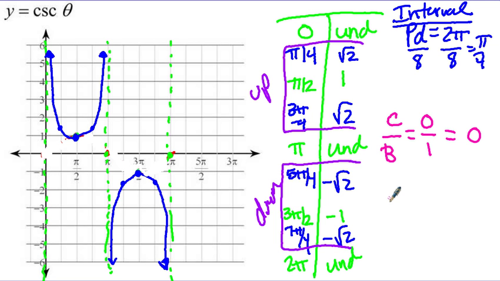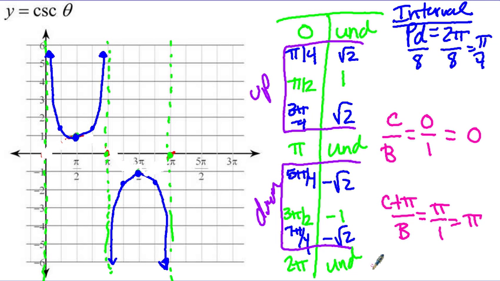And then our next one is c plus pi divided by b. C is 0 plus pi is going to be pi over 1, so we have another asymptote at pi, which we know. The asymptotes then are going to be at every whole interval of pi. So we'll have one at 0, pi, 2 pi, 3 pi, 4 pi, and so on. Okay?